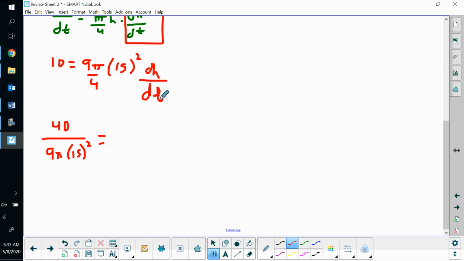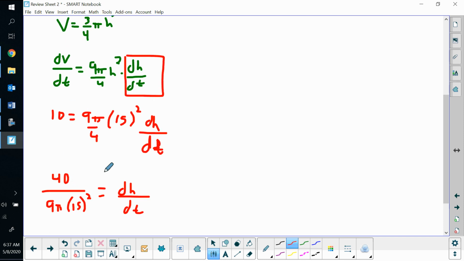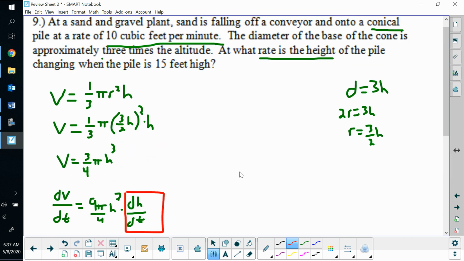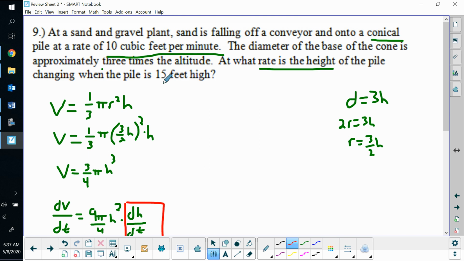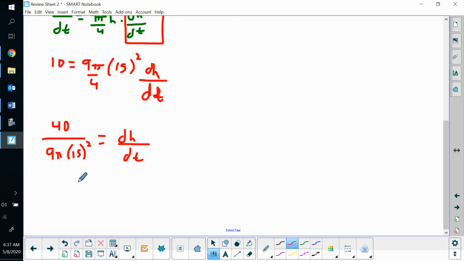Or you could multiply that out. It's your choice, but this would be a full credit answer here. And we do need units. Height is a one-dimensional measurement. We had feet and minutes, so this would be feet per minute.